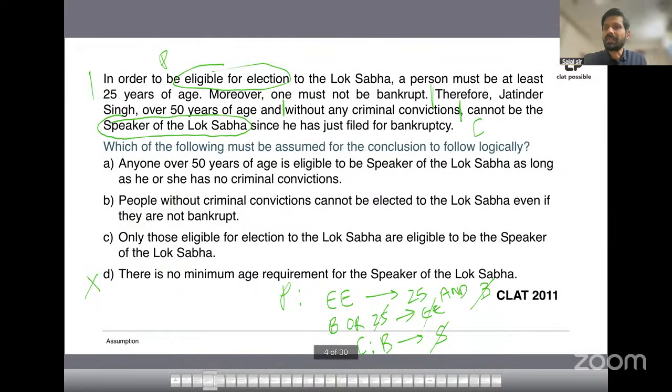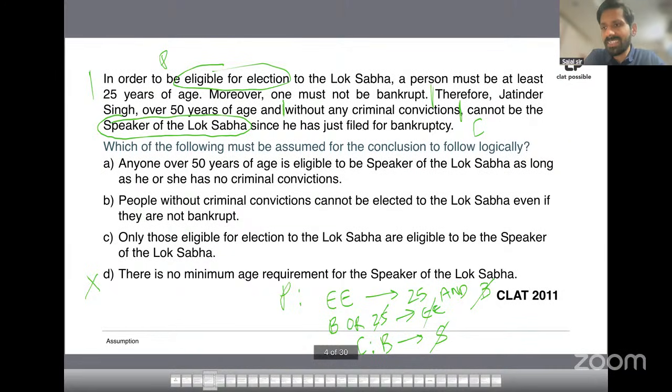If somebody is bankrupt or not 25, they won't be eligible for the election to the Lok Sabha. Why? Because to be eligible, they must be minimum 25 and not bankrupt. So if they are bankrupt or less than 25, they won't be eligible, right?